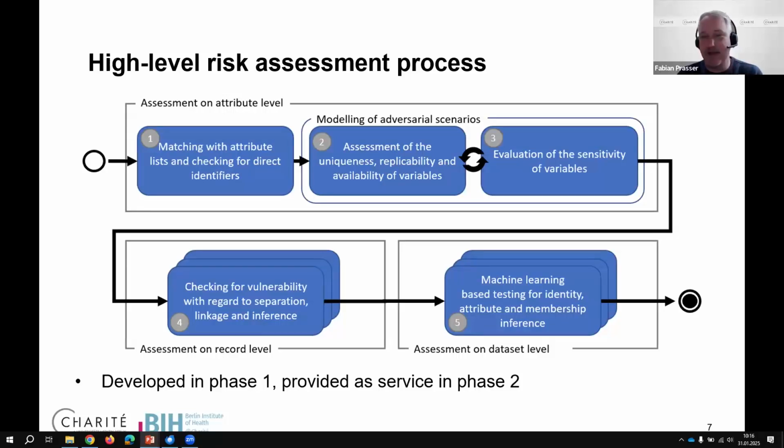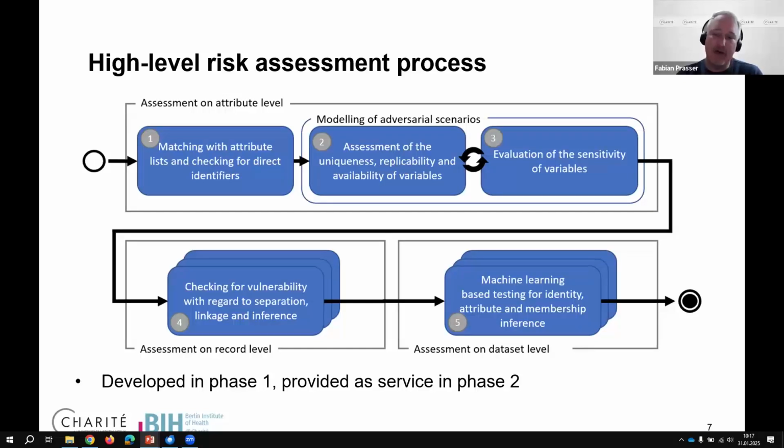There's also literature on this, and it's an ongoing question and discussion within the community that works on these types of things, whether modeling the context is important. And in this process that we developed for NFDI4Health, we decided to model the context. So there's a component that allows you to model adversarial scenarios.